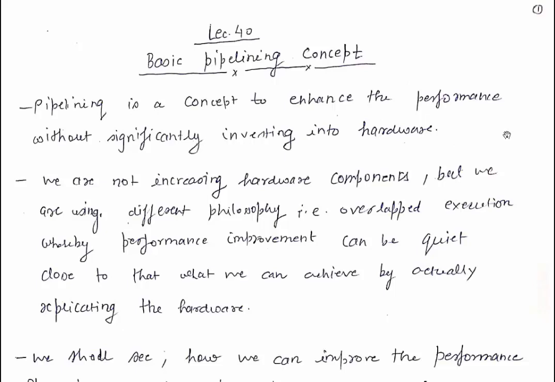Pipelining is a concept of enhancing the performance without significantly investing into hardware. Let's say we want to add 4 numbers. To add 4 numbers, we require 4 half adders. If we want to add 1 bit, 1 bit, 1 bit, 1 bit, that means if we want to add 4 bits to 4 bits, we require 4 half adders, or we require 2 full adders.